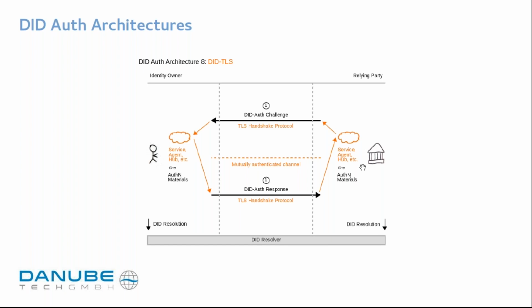In Sovereign, there's a concept of agents, where there are always agents acting on behalf of individuals and organizations and also things. And these agents, they need to authenticate. They need to establish trusted, mutually authenticated channels, and that's also DID Auth.